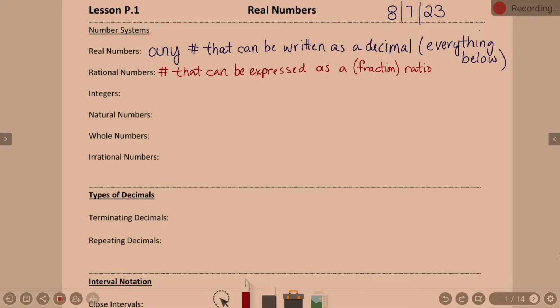And so such as a over b, where b cannot equal 0. And that's just because the denominator in a fraction cannot be 0, right? So any number that can be expressed as a fraction or a ratio, such as a over b.